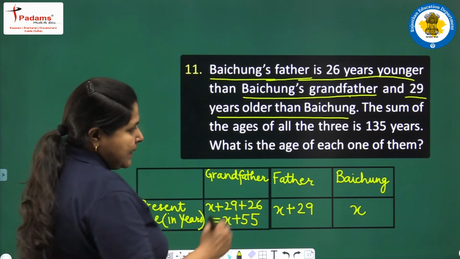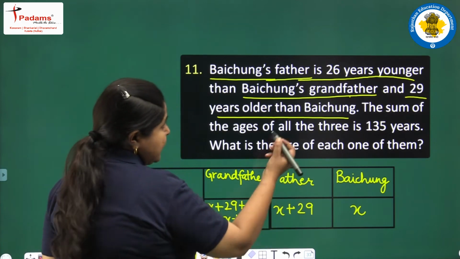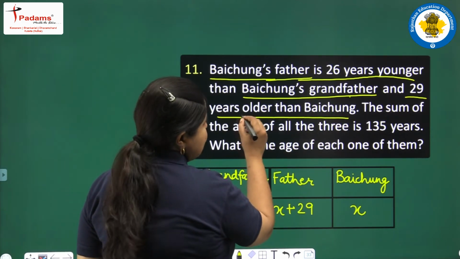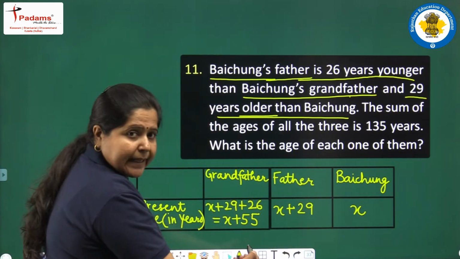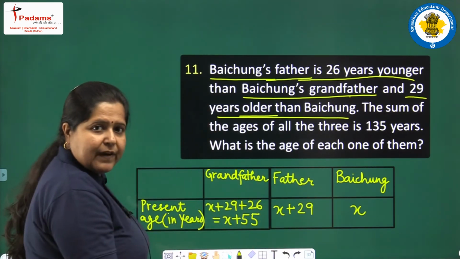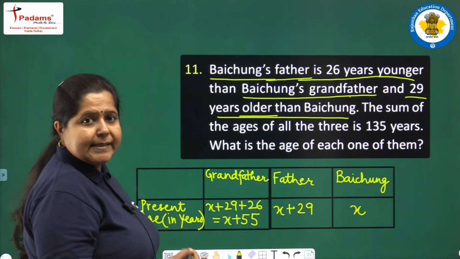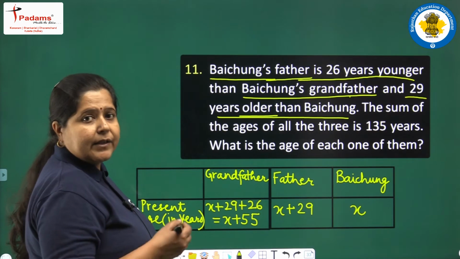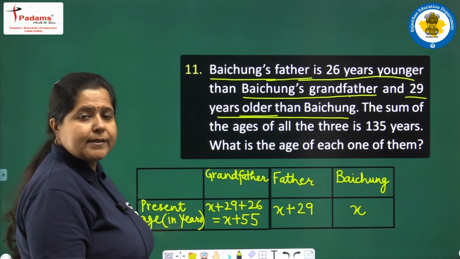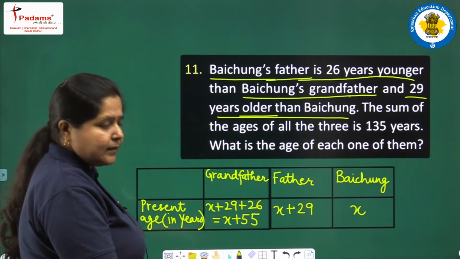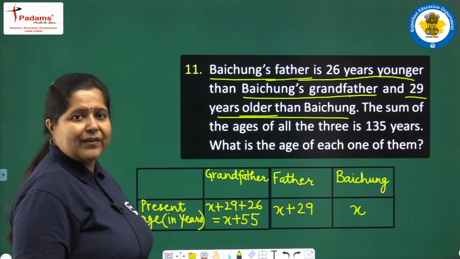Once again, we are assuming Baichung's age to be x, then Baichung's father is 29 years older than Baichung, so x plus 29 is father's age, and grandfather is 26 years elder to his father. So we can easily add 26 and get x plus 55.